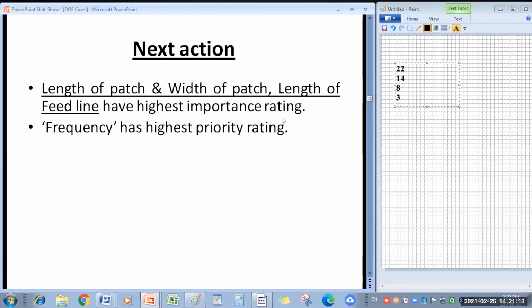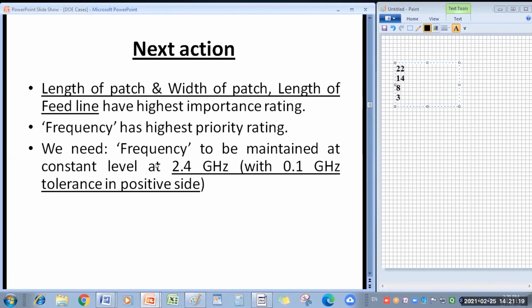Now how are these 3 considered ahead? First of all, they have the highest importance rating. Now look here, frequency has the highest priority rating. We need frequency to be maintained at a constant level, 2.4 gigahertz, with 0.1 gigahertz tolerance on the positive side.